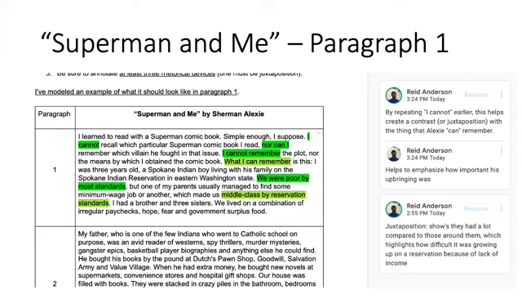I was 3 years old, a Spokane Indian boy living with his family on the Spokane Indian Reservation in eastern Washington state. We were poor by most standards, but one of my parents usually managed to find some minimum wage job or another, which made us middle class by reservation standards. I had a brother and 3 sisters. We lived on a combination of irregular paychecks, hope, fear, and government surplus food.